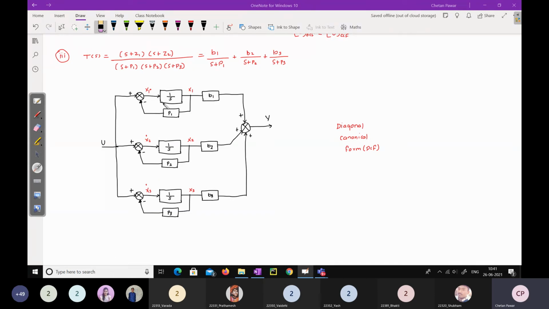So if you see here, this particular block is representing 1 upon S plus P1.